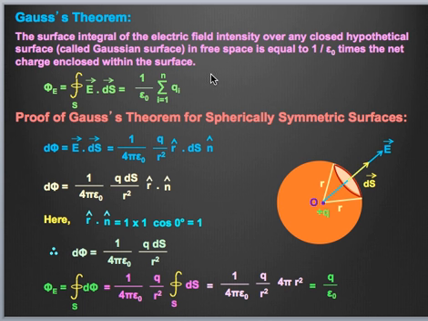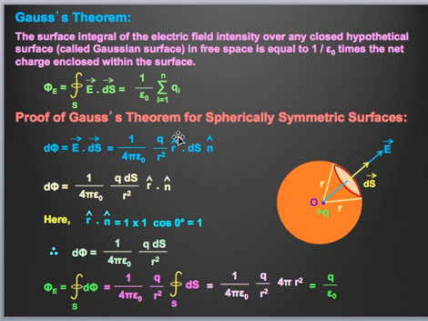Here is the equation for Gauss's theorem: phi e equal to the integral of E dot ds, which equals 1 upon epsilon summation of qi. We take the summation because there are many points inside the sphere. Summation of all the points gives us the total charge inside the sphere.